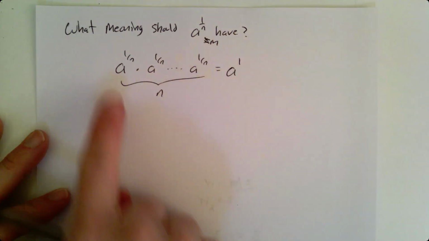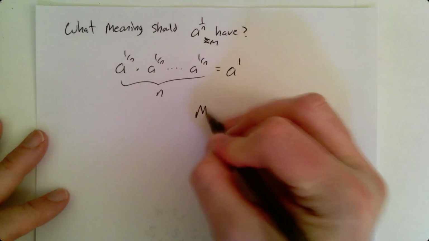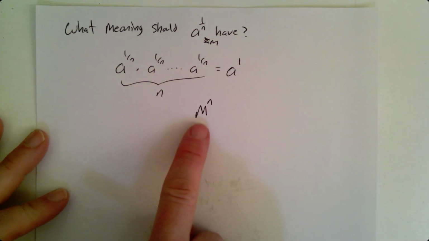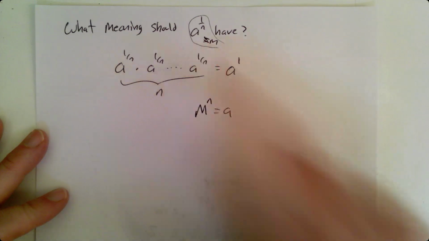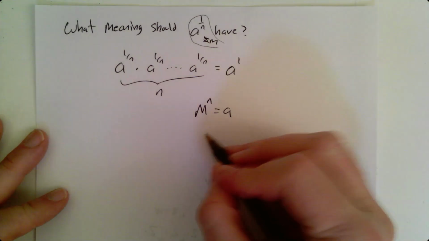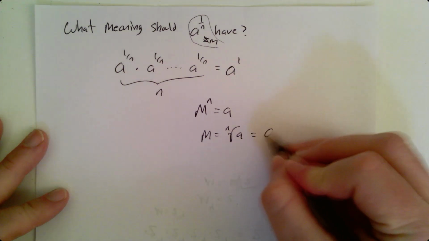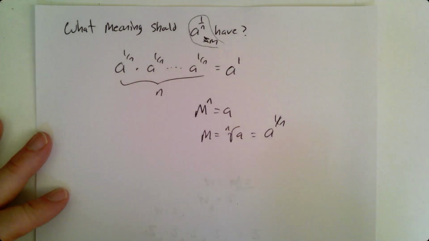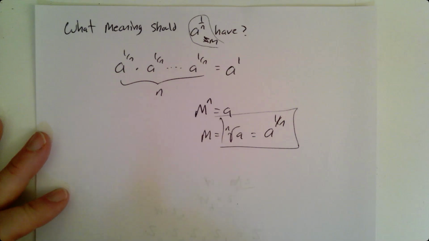So I've got m times itself n times. Instead of writing m times m times m times m, I've just written m to the nth power equals a. Remember, I'm trying to figure out what meaning m should have. If I take the nth root of both sides, I get m is the nth root of a. So what we've discovered is, in order to keep these laws of exponentiation true, the meaning that a to the 1 over n should have is the nth root of a.